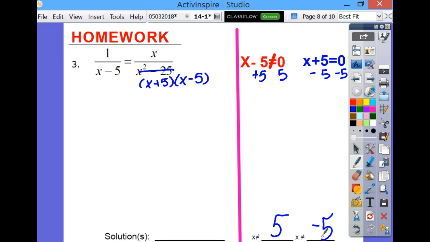Well, what can x equal? This is what x cannot equal. In order to solve this proportion, instead of using a cross product, we are going to multiply both sides by the LCD.